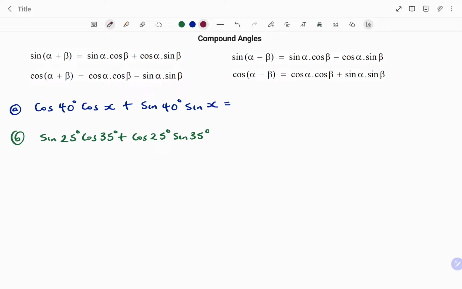I'm going to start by tagging my angles. Because I have 40, I'm going to tag my 40 as the alpha and my x as the beta. So basically what I'm looking for is the expansion that is cos alpha cos beta plus sine alpha multiplying sine beta.